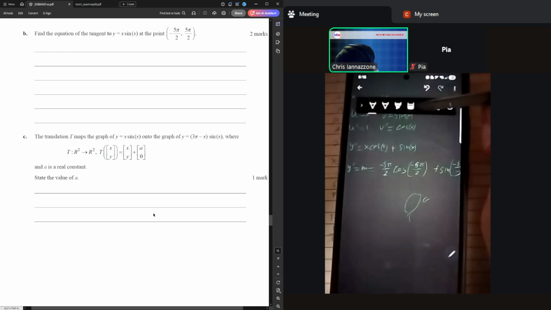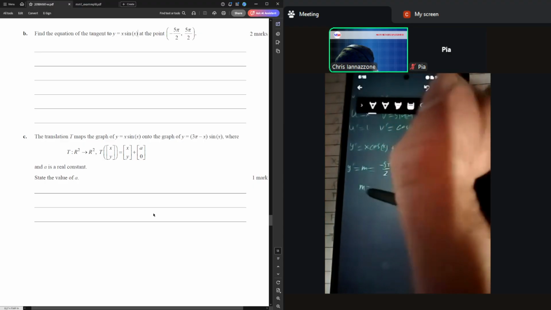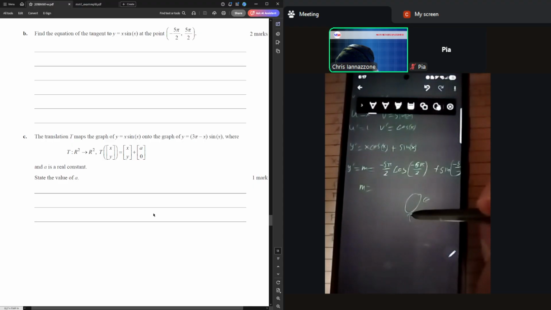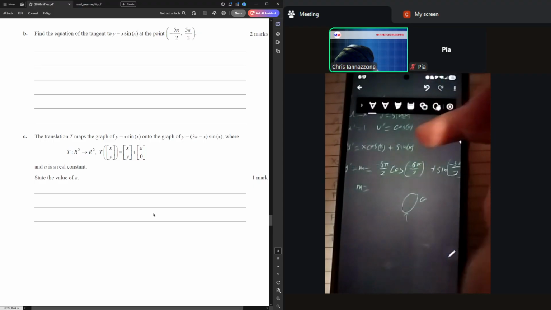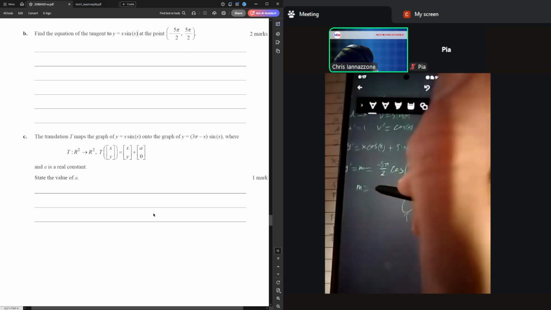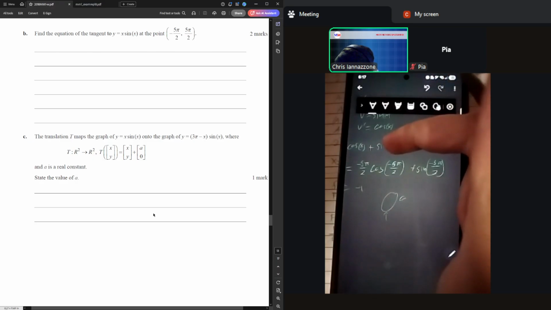So gradient equals, cos of that spot is 0, so that whole thing disappears. Sine of that spot is negative 1, so I guess it's just gradient negative 1.